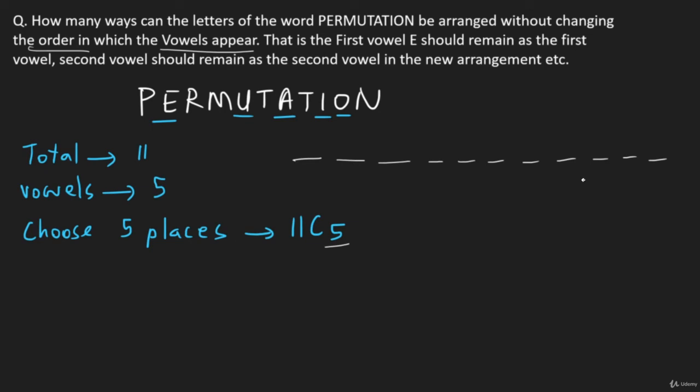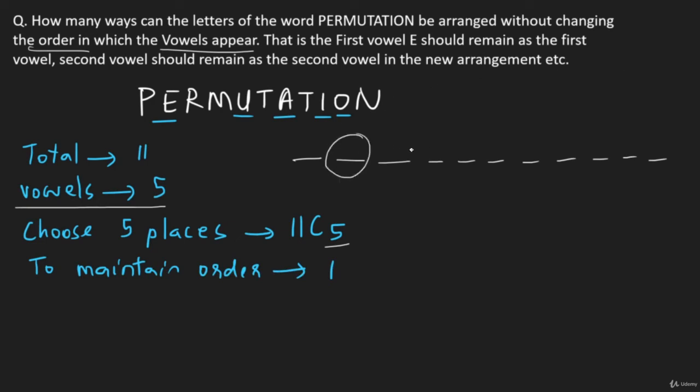Now once we have selected 5 places, within those 5 places, how many ways can we arrange the 5 vowels? We can do that only in one way to maintain the order, right? So what do I mean by that? For example, if I choose this place, this place, this place, this place, and say this place. So that's 5 places. That's one of the 11C5 ways, right?